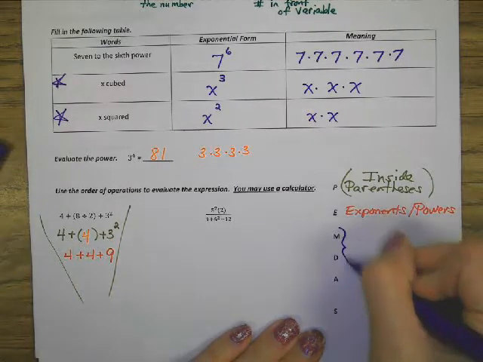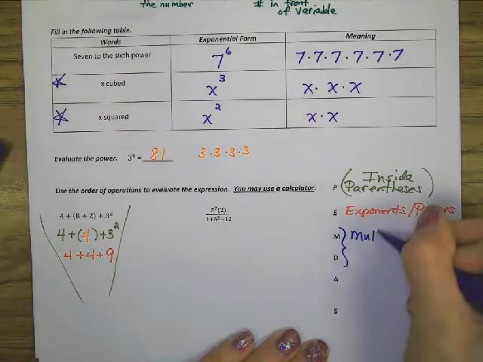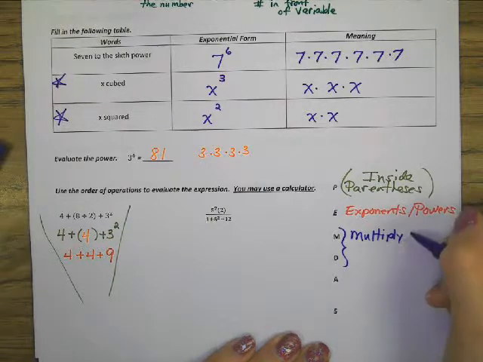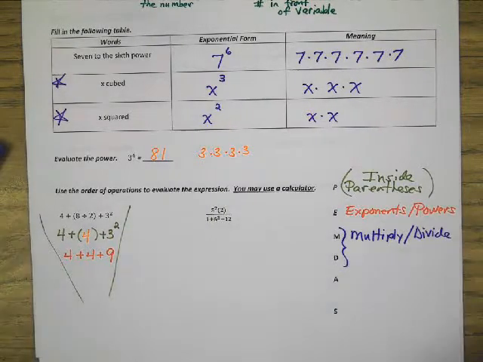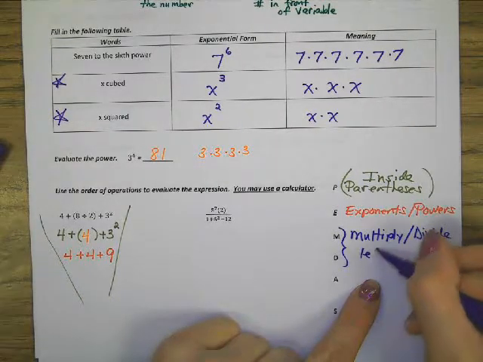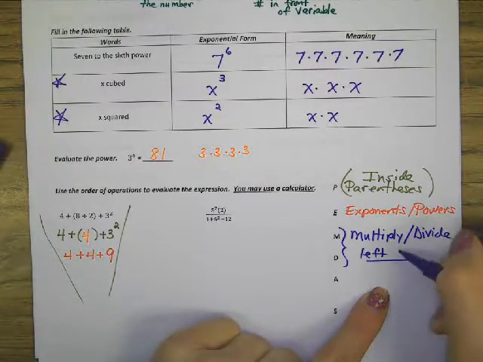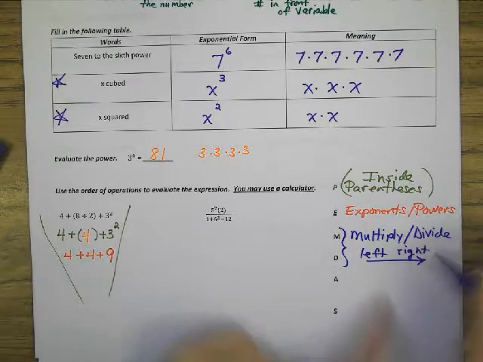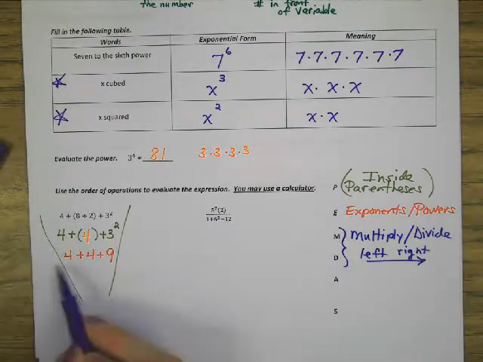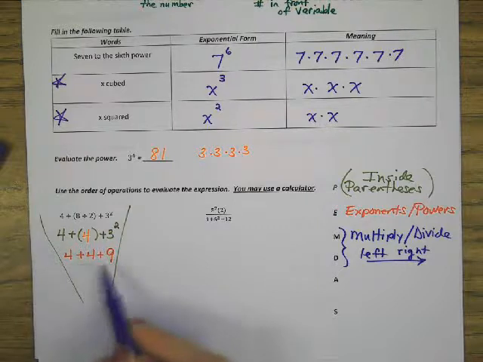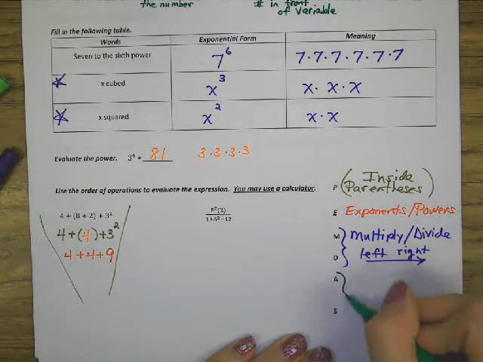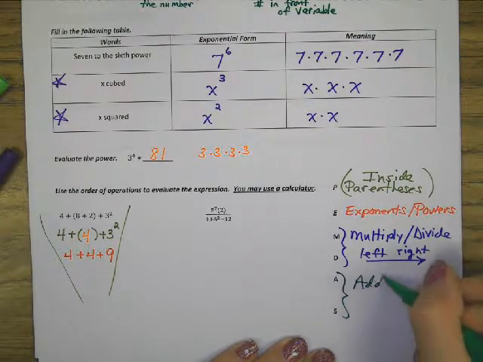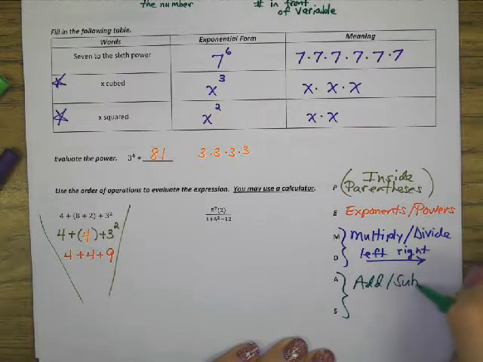Okay, these go together. You do multiply or divide. So how do you know which ones to do? And you do left to the right as you see it, left to right. Very important. I don't see any multiply or divide, so we're going to skip to the last step. And the last step is they go together, either you add or subtract.